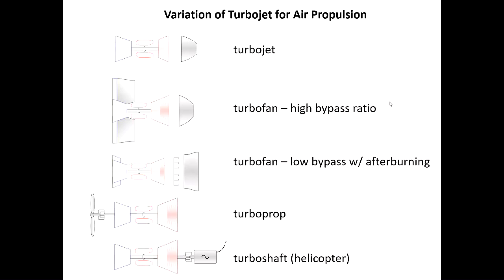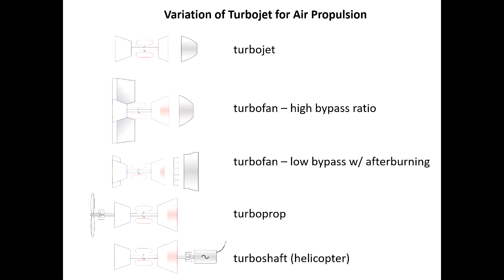And a more common type of engine used today is called turbofan rather than turbojet. What a turbofan is, you have a fan in front of the compressor. The fan drives the amount of incoming air, and only a fraction of the air goes into the combustor, and the rest just passes through the engine.